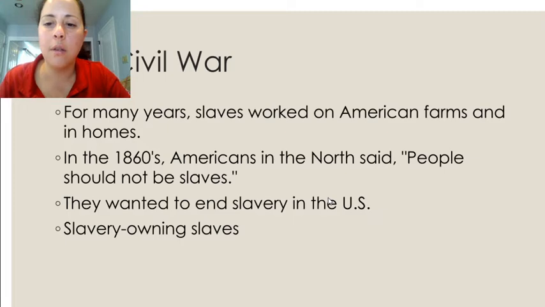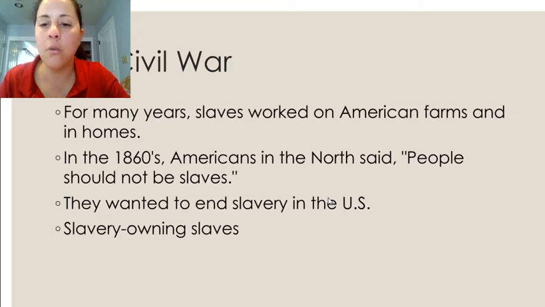Continue means not ending, not finished. So the Americans in the South wanted to continue slavery, owning slaves, having slaves work in their homes and on their farms.